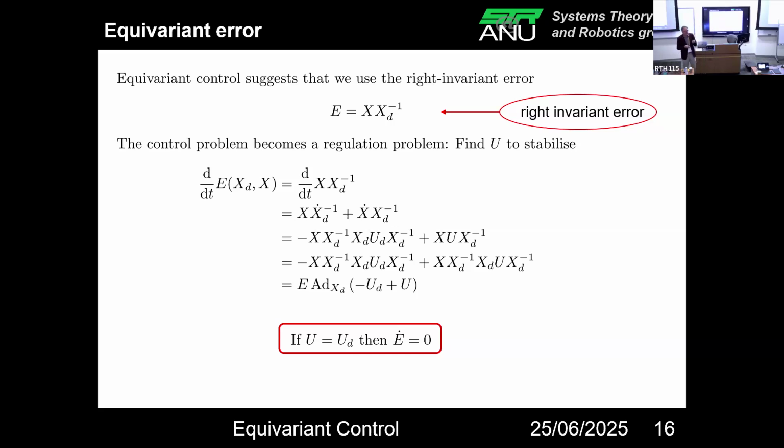Now, UD is only actuated, because it's feasible, in the 2 actionable directions, which means that you can use U to cancel UD in this case. And then you've got some actuated directions that you can do your actual control with. In particular, if I choose U equals UD, I get what I call synchrony, which means that the error is constant.